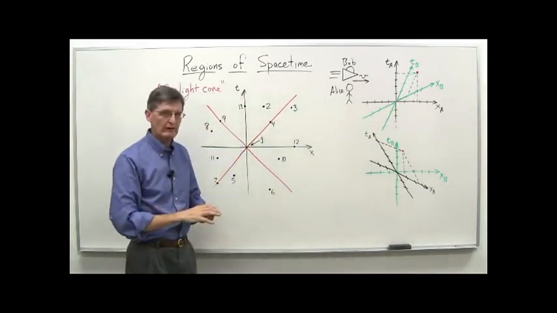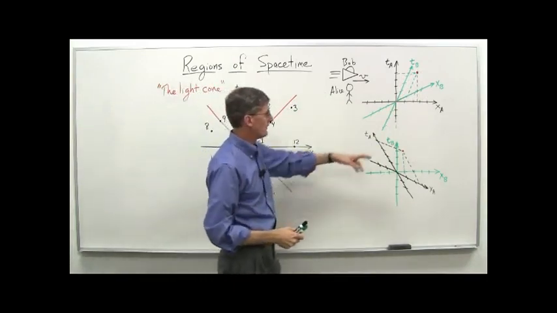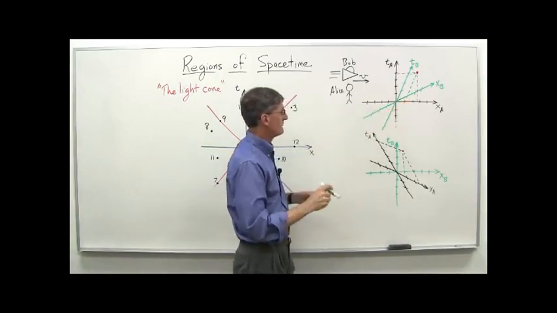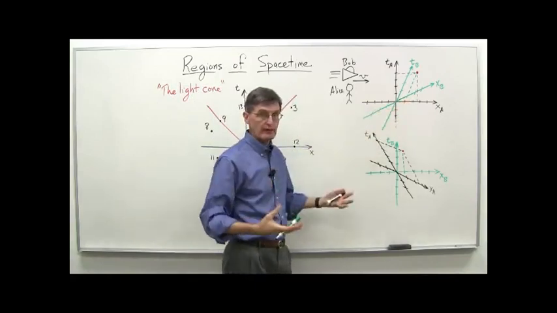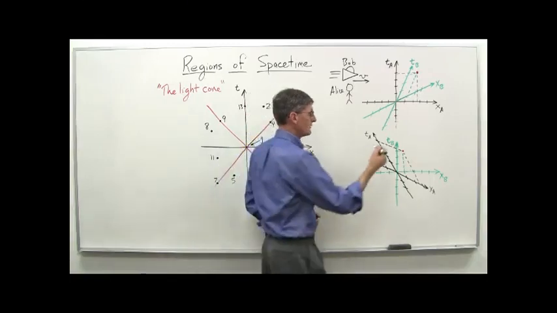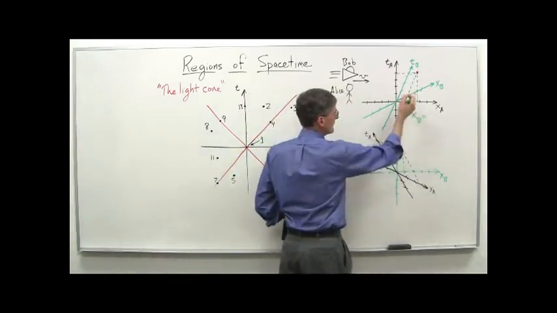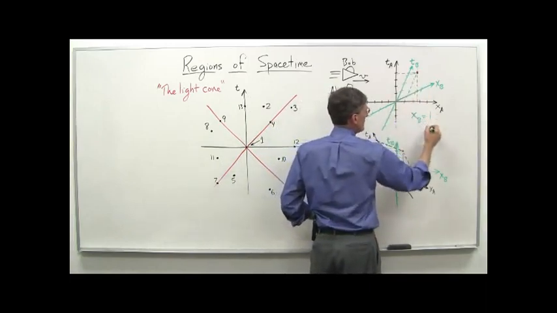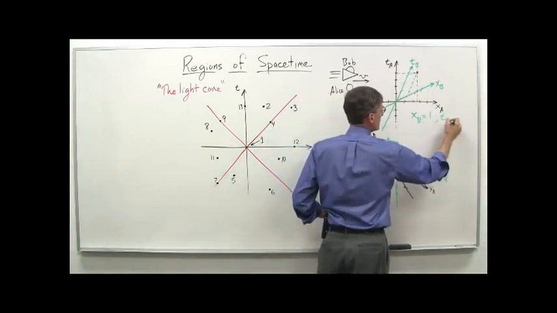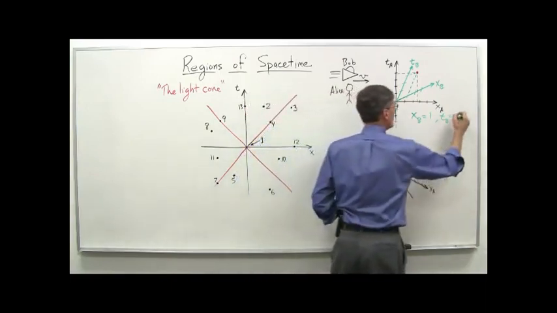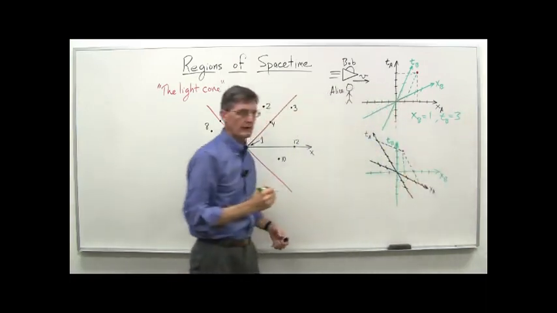This isn't quite drawn exactly to scale, but you can see that in Bob's reference frame, he would measure that space-time event as x sub b equals about 1, it looks like, and t sub b equals about 3. Okay, again, these are approximations there.